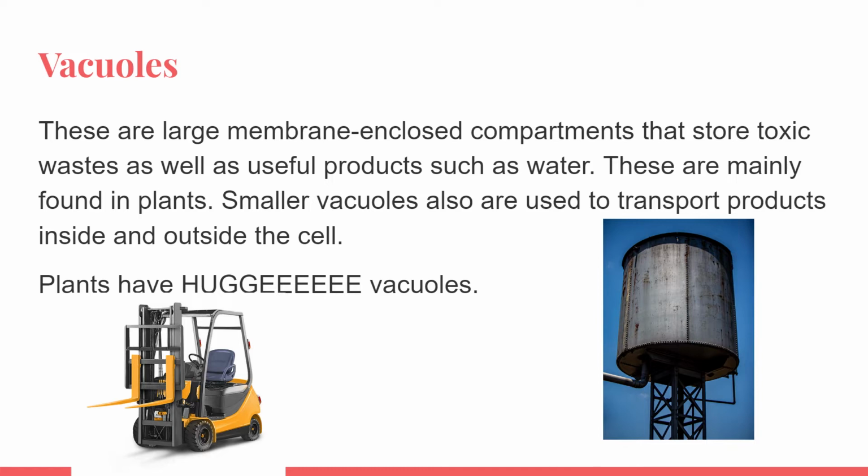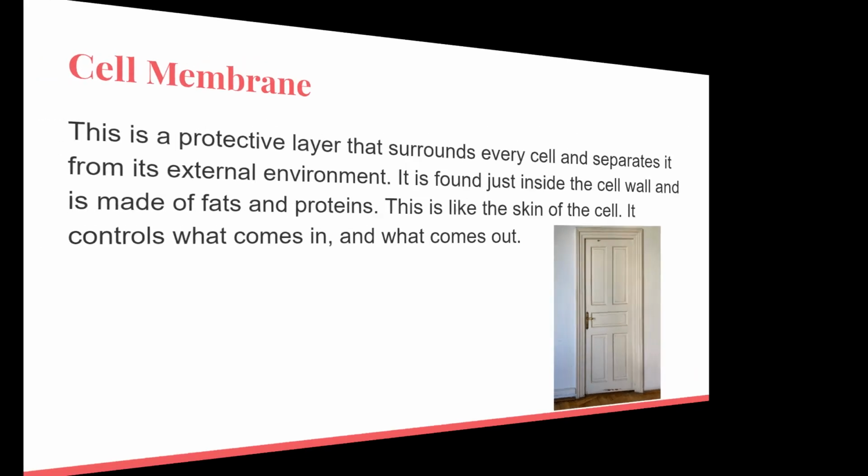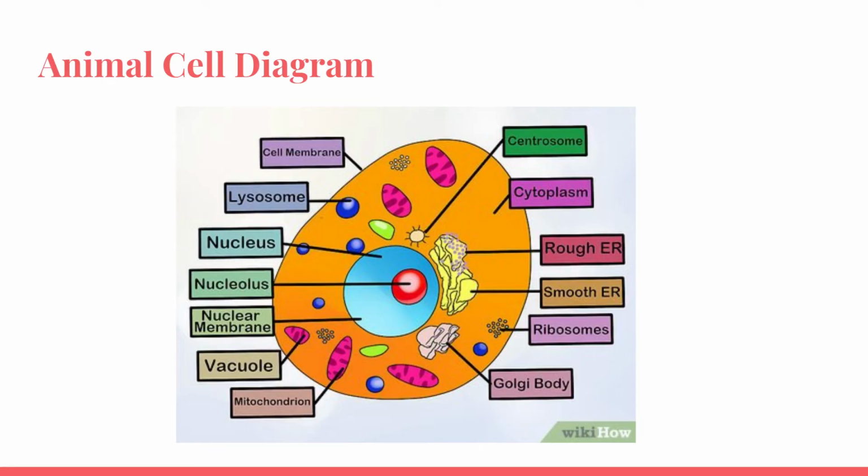And you might be wondering, why is the vacuole storing toxic waste? But you'll see as we go here. If the vacuole, which is right here, wasn't storing the toxic waste, it was just floating around, then that would be really harmful for the cell. So it stores them and waits for it to be expelled.